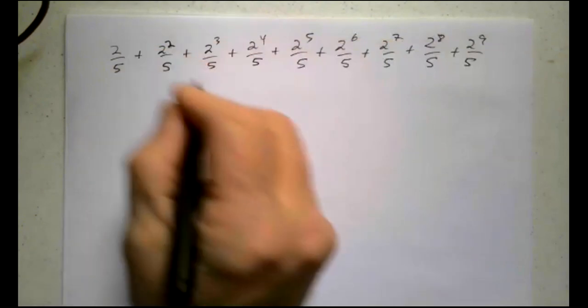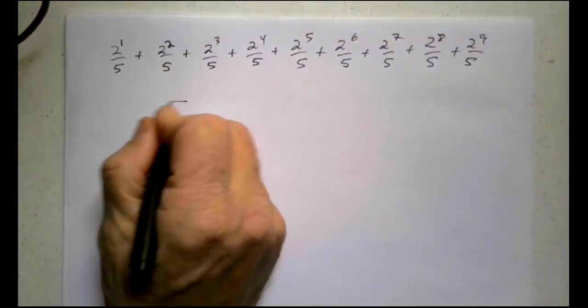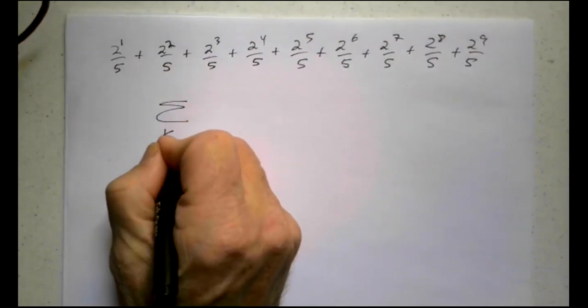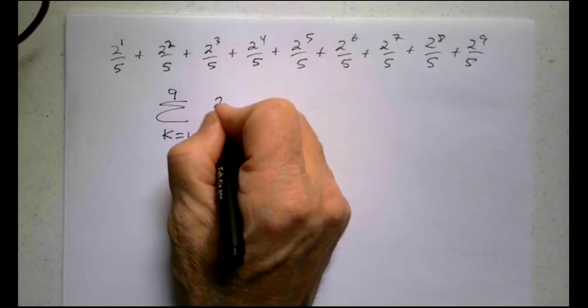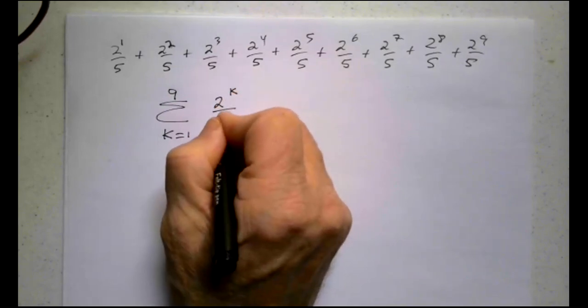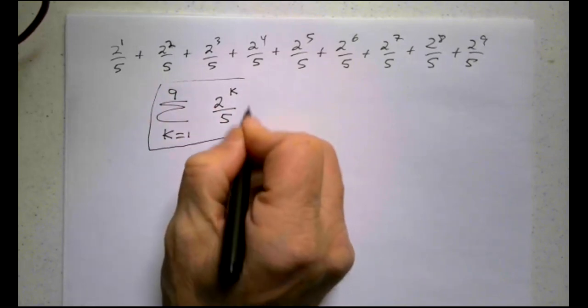So what's changing, of course, is the exponent. It starts at 1 and goes to 9. So we're going to look at the sum as k goes from 1 to 9 of 2 to the k over 5. That is going to be our idea.